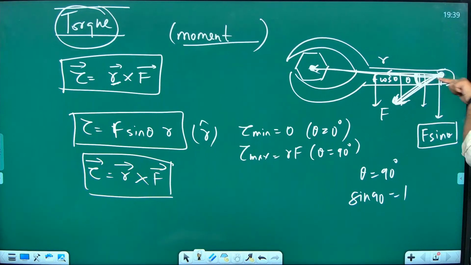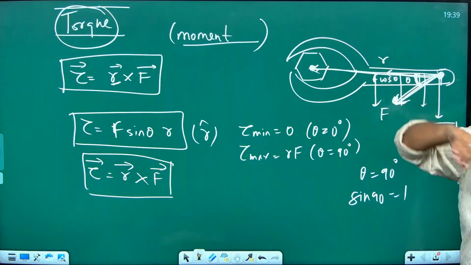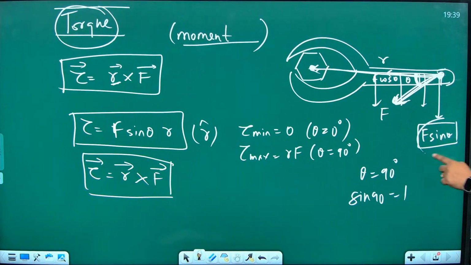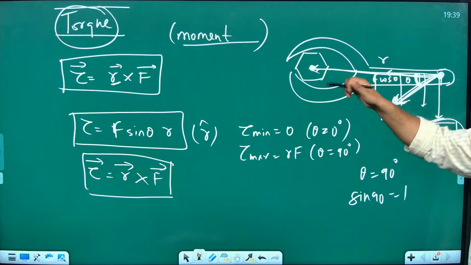F cos theta will not play any role in rotating the nut, but F sin theta does. And I said, what is the meaning of torque? A rotating force. Any force which is capable of rotating the object is called torque.